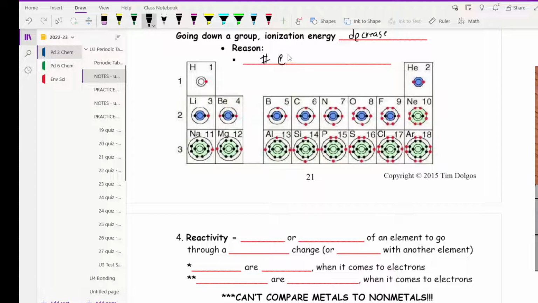So the number of energy levels increases. The number of energy levels increases, and ionization energy decreases because, again, the explanation in the short response will be shielding increases. That's the concept I want you to get, not just for the test, but understanding life in general.